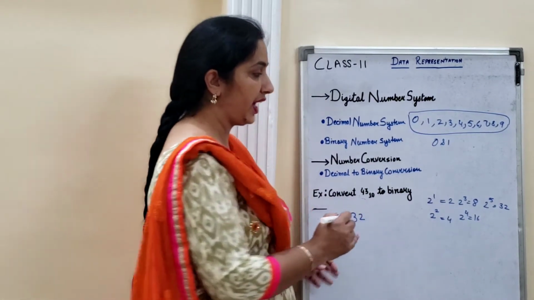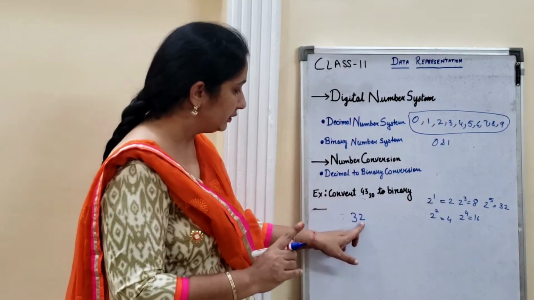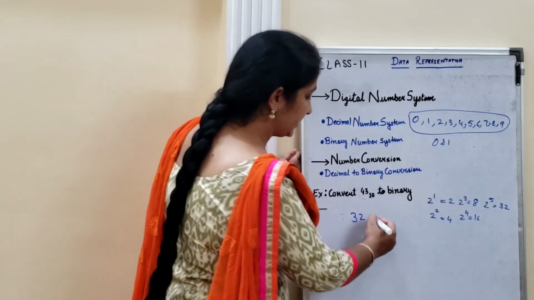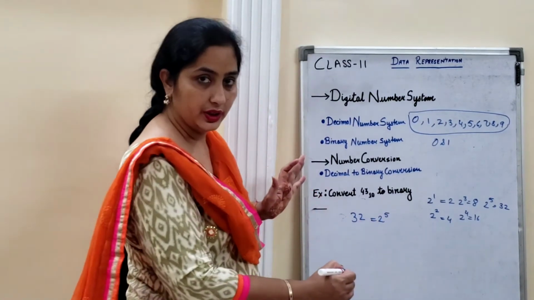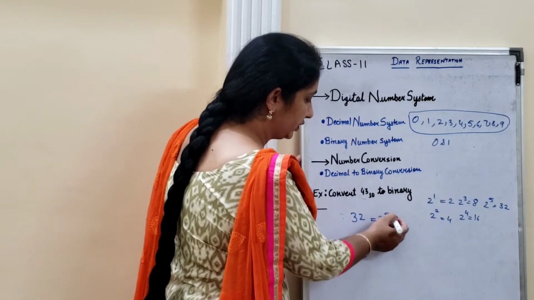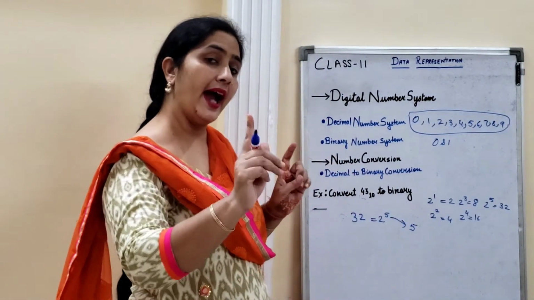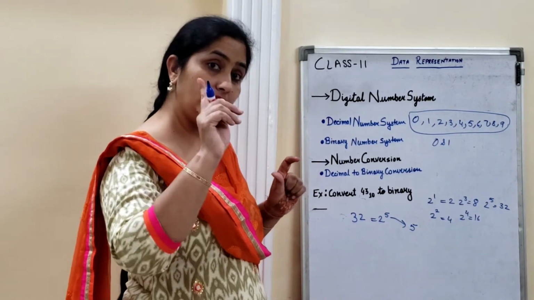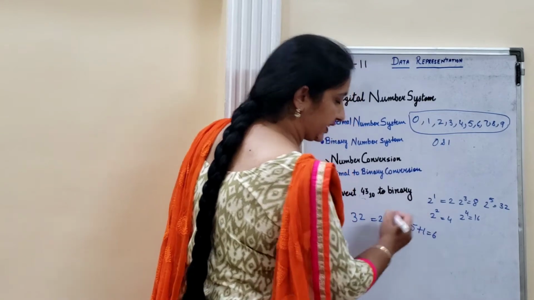How do I get this 32? From 2 raised to power 5. What you have to do is take the power, that is 5, and add one to it: 5 plus 1 equals 6.